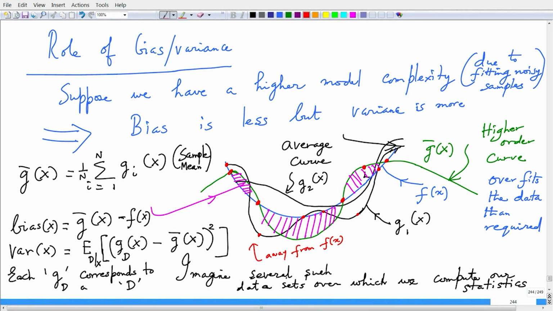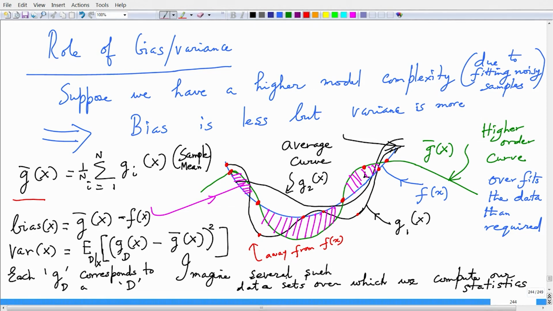But I can also have an average curve which is computed from all of G1, G2, G3 and so on till G capital N. So I can have a sample mean curve, which is this G bar of x, which is the mean of all these curves G i of x. So with different data sets I can fit different curves, and there is a mean curve associated, which is this G bar.